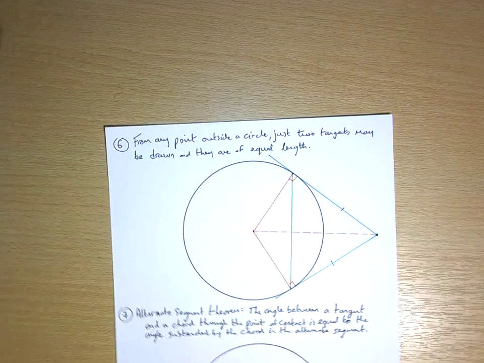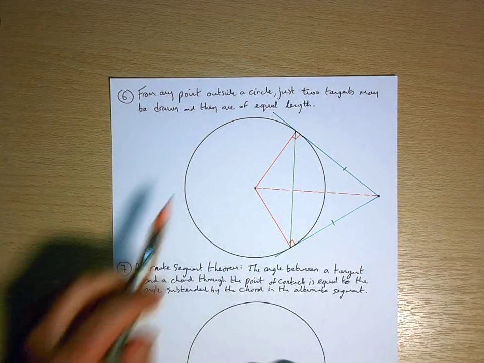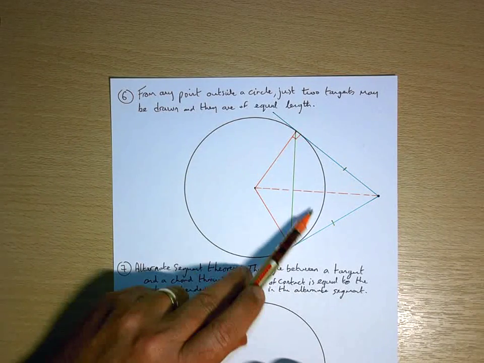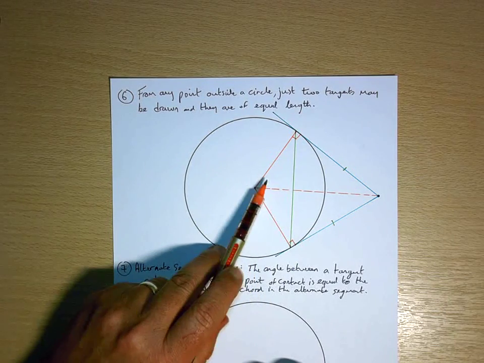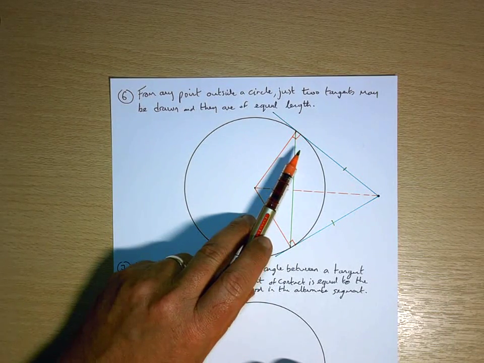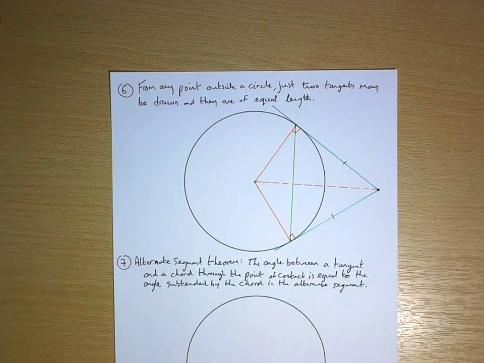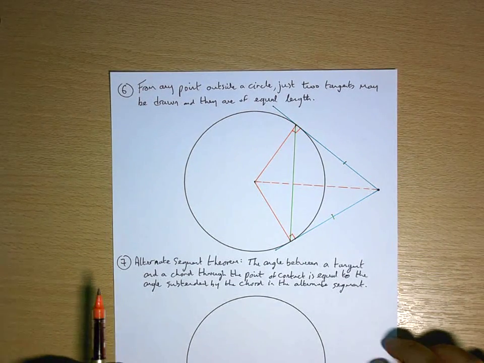And quite often you'll see that on an exam question. So it's testing two things really. It's testing your knowledge that those are equal lengths. It's testing your knowledge that that's a right angle. So it's giving you two identical right angle triangles like that.